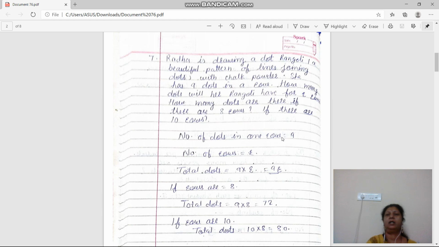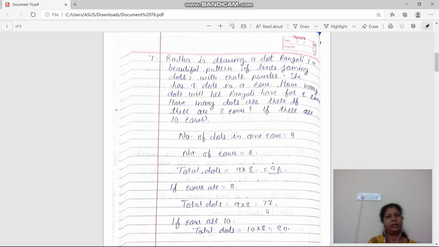Now see the second part. How many dots are there if there are 8 rows? In one row there are 9 dots, and total rows are 8. So total dots is equal to 9 multiplied by 8.